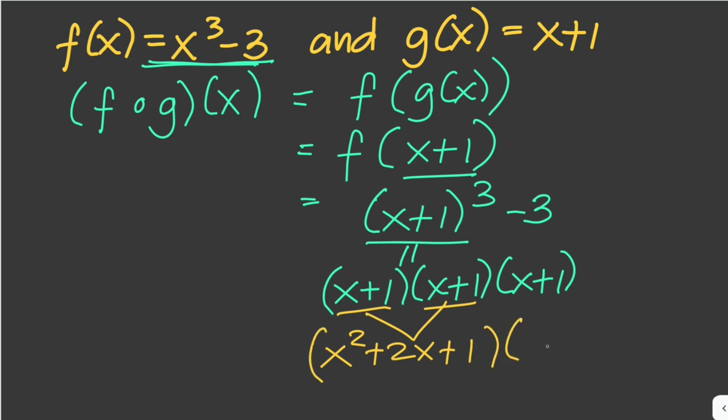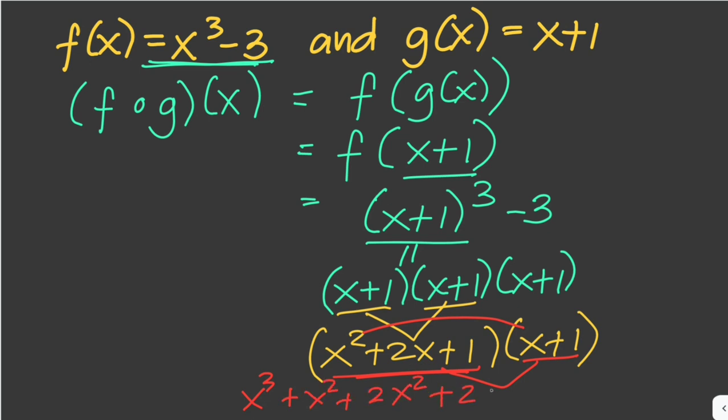And then we multiply this by the third x plus 1. Okay, so we multiply each of the terms of this trinomial by each of the terms of x plus 1 binomial. So that would be x cubed plus x squared, and then plus 2x squared plus 2x plus x plus 1.